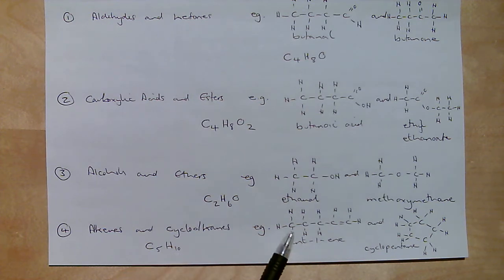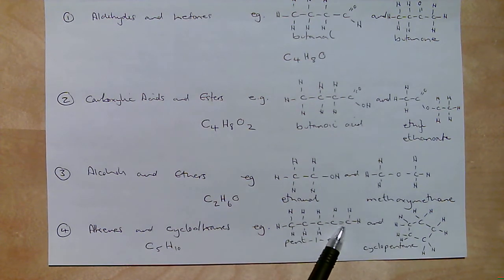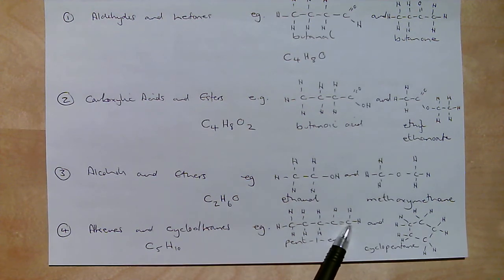And then finally, our final pair of functional group isomers are alkenes and cycloalkanes. If I take pent-1-ene, my double bond is at this end of the molecule, so that makes that carbon number 1. Molecular formulae: C5H10, five carbons and 10 hydrogens. That is a functional group isomer to cyclopentane.